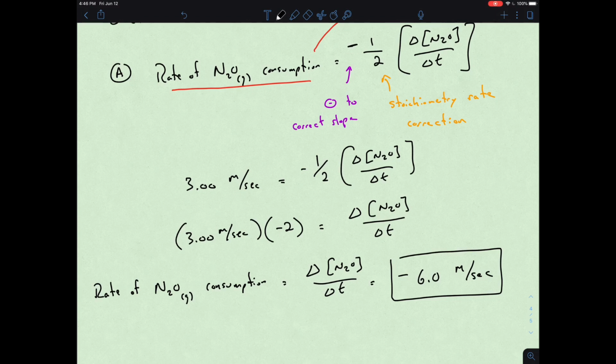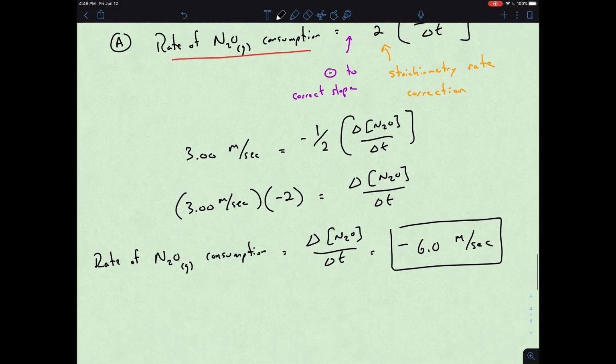This is a starting material, so we should have a negative slope, which we do, and to do the stoichiometry, we should have that rate multiplied by a 2 value to accommodate the stoichiometry. So that would be the rate of N2O consumption.